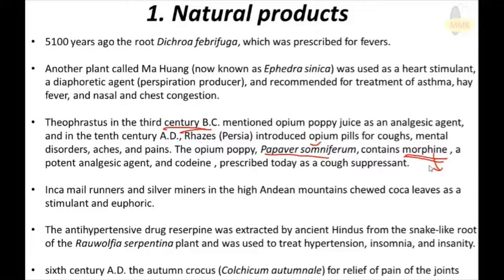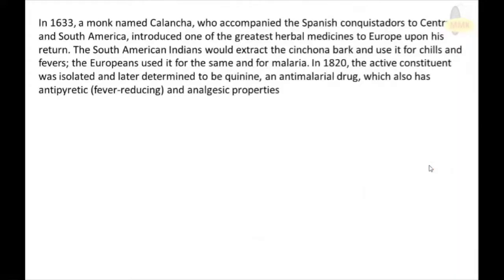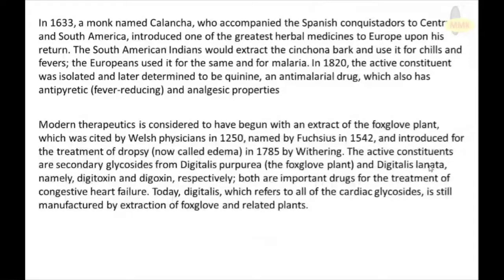And in the 6th century AD, colchicum, from where colchicine is obtained, was used for treating gout. Like this, we have several such examples like cinchona bark and also digitalis, which are very important medicinal agents: cinchona bark as anti-malarial, and digitalis, with its cardiac glycosides, as a cardiotonic.